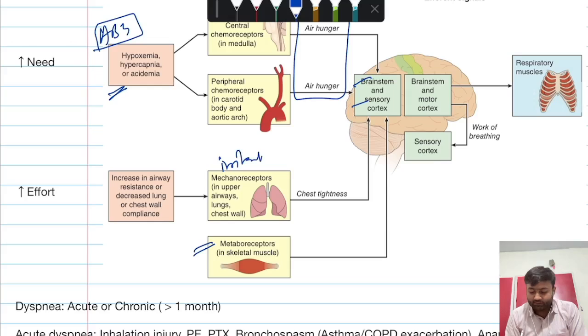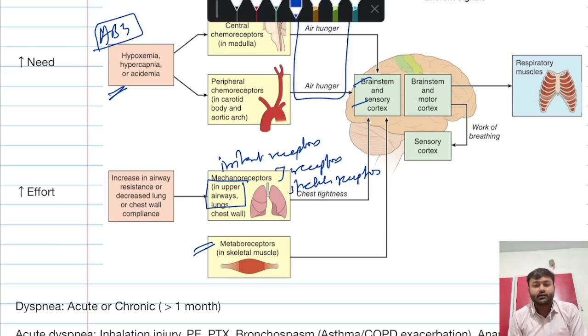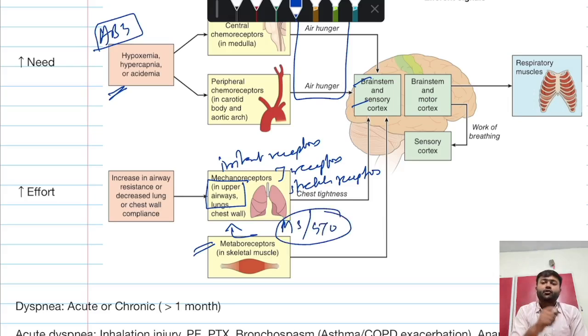This is irritant receptors, J receptors, and various stretch receptors. These are present in upper airways and lung, whereas in the chest wall, you will have muscle spindles and Golgi tendon organs, which will act to identify this increased effort, and that will be sensed by the patient as chest tightness.